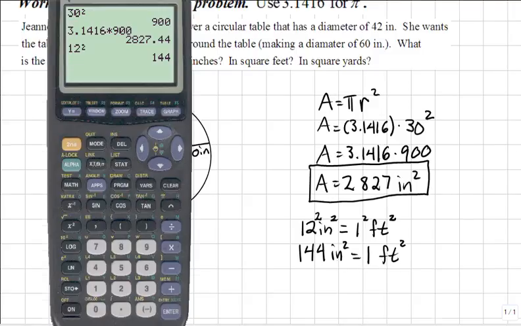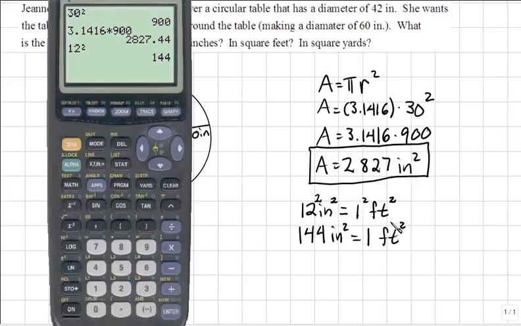To convert our area from square inches to square feet, we'll use this as a conversion. So we'll multiply 2,827 square inches by a fraction where the square inches will cancel. So we'll write 144 square inches in the denominator and 1 square foot in the numerator.